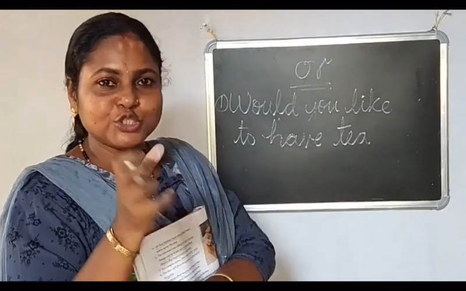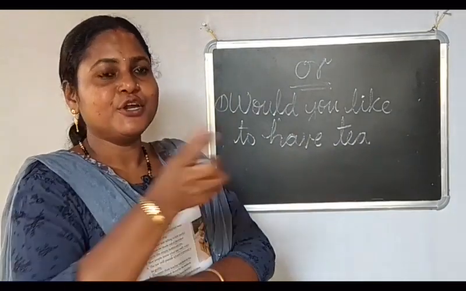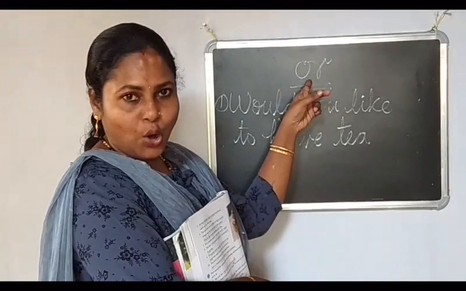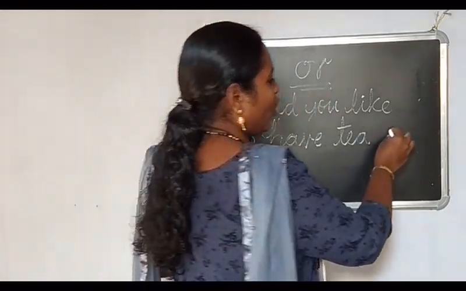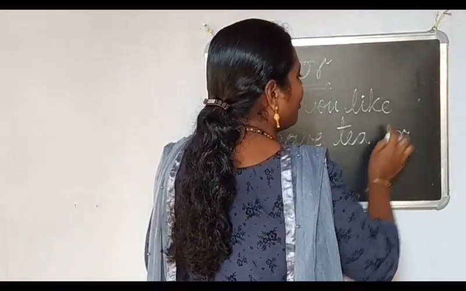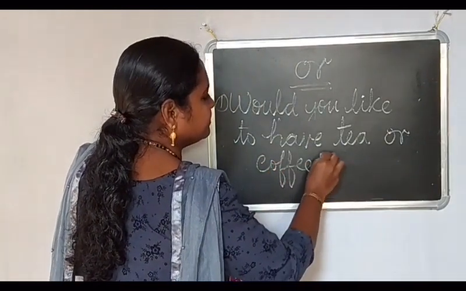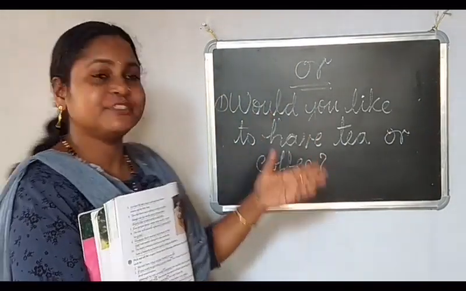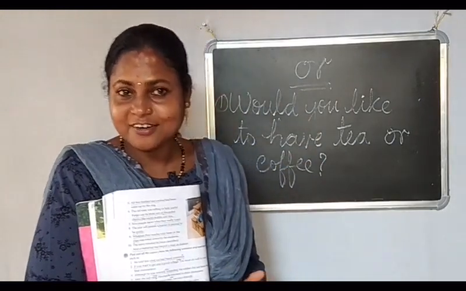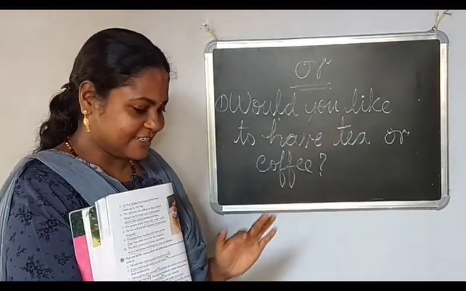Then we are going to join this tea and coffee using a conjunction or. Tea or coffee. Would you like to have tea or coffee? That is a sentence.